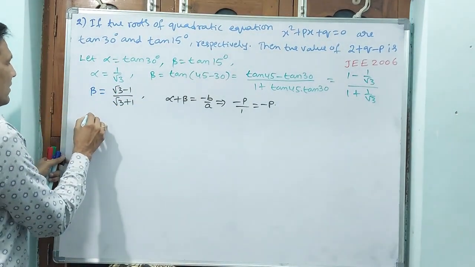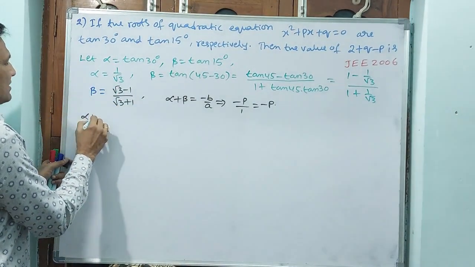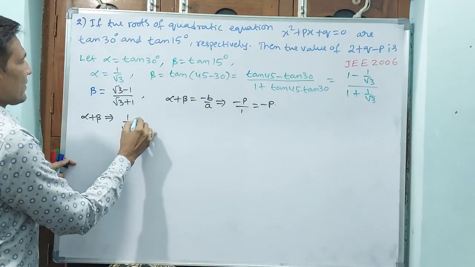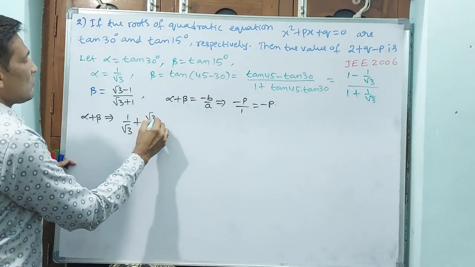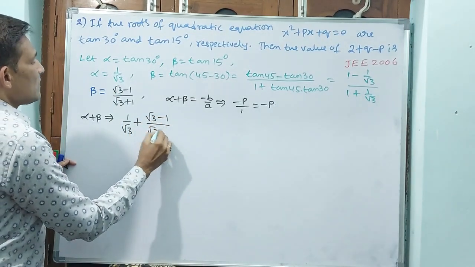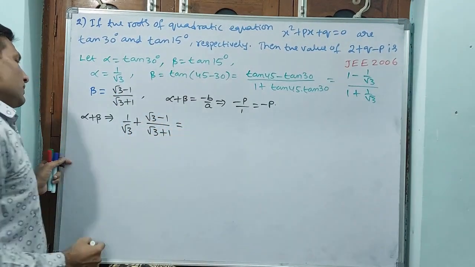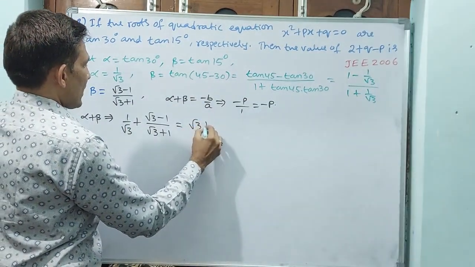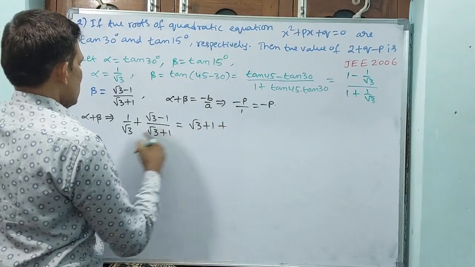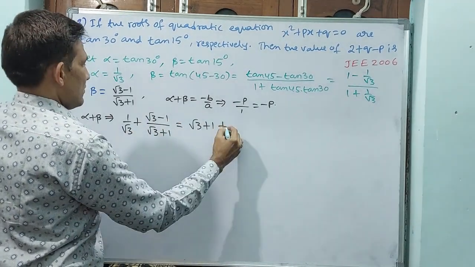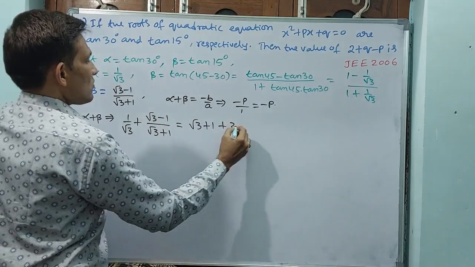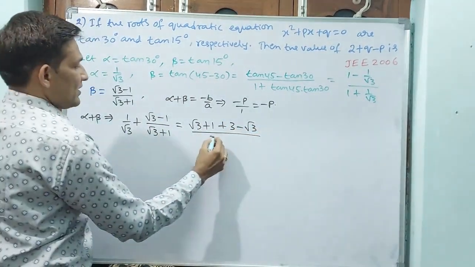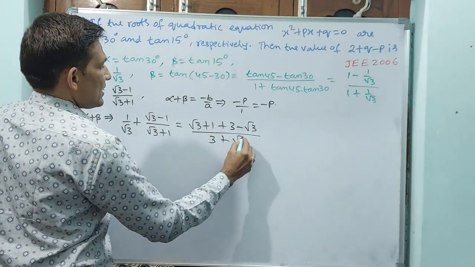Write down. Alpha plus beta implies 1 by root 3 plus beta, root 3 minus 1 by root 3 plus 1, that is equal to, okay, see, root 3 plus 1 plus root 3 into root 3, 3 minus root 3, divided by root 3 into root 3, 3 plus root 3 into 1, root 3.